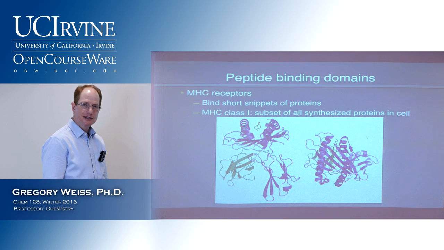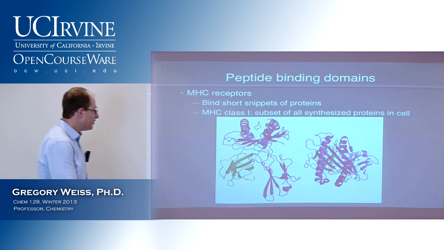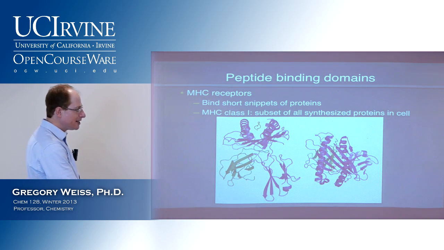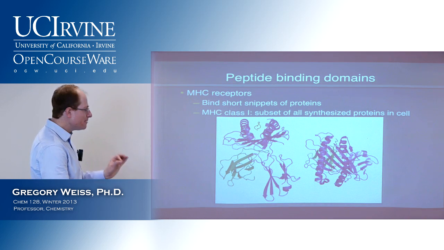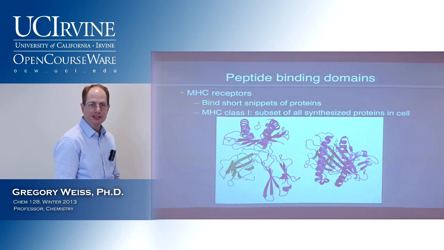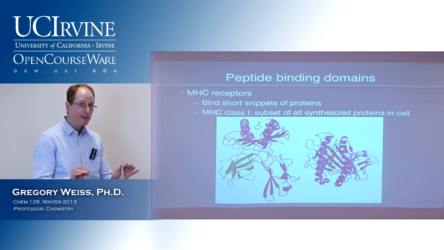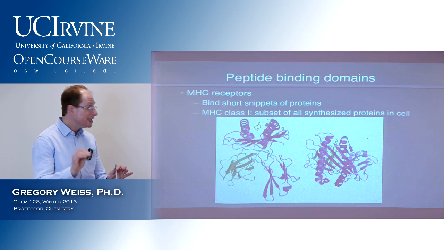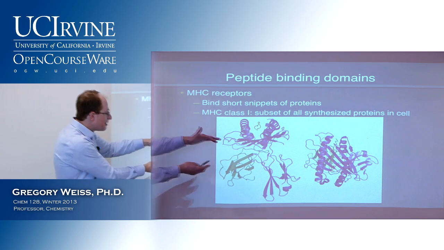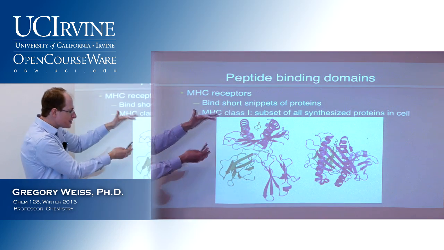Okay, here's some old friends as well. Notice down here, do you recognize that domain? Does that look familiar? Yes. That is the same domain we saw a few slides ago. This is the beta sandwich immunoglobulin domain. And here it is making a cameo in a slightly different but equally important role. Here it is actually lofting the peptide off the surface of the cell.